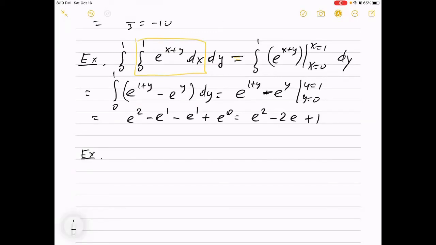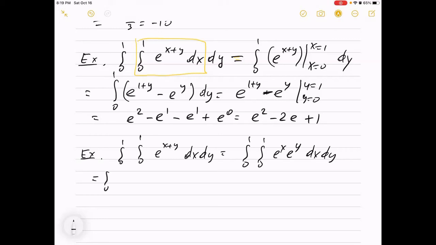Notice that we might have done the previous example using algebra, with simpler integrals, because we realize that e to x plus y is e to x times e to y. If we realize that, then the integrals are actually a little simpler.